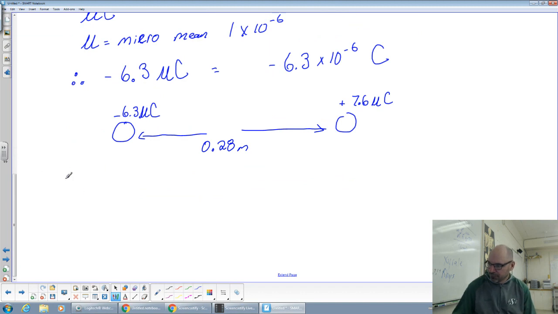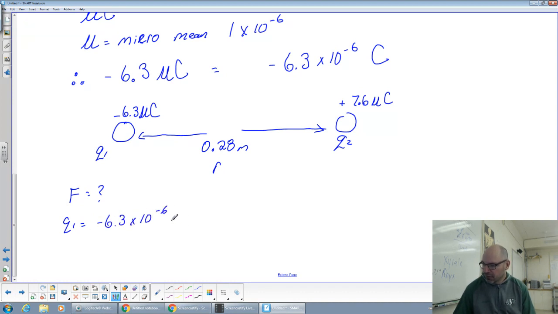So therefore, we'll call this one Q1, this one Q2, this will be R, okay? And then, let's write them out in a list just for the first one that we do. So F is what we're trying to find. Q1 equals negative 6.3 times 10 to the negative 6 coulombs.